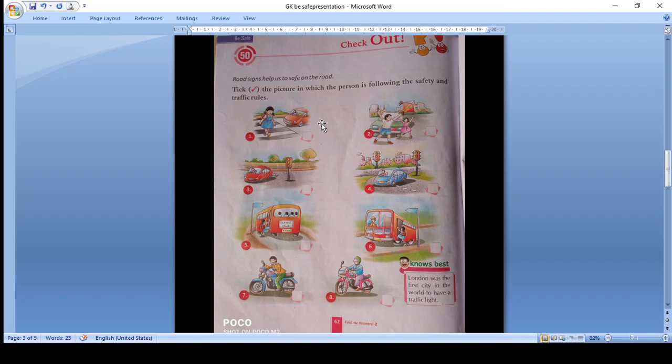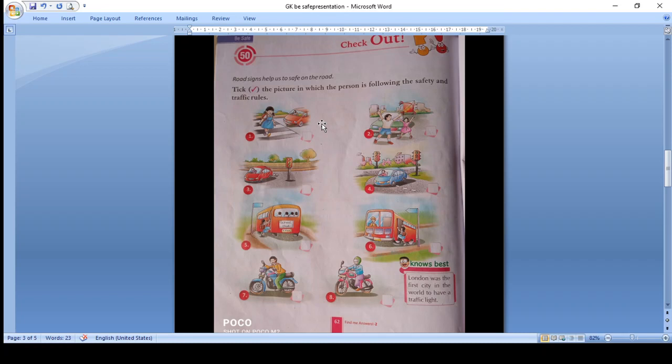Okay, next one, number 2. You can see in the first one, the red color line is there and the car is moving. As we know, just near to him there is a traffic light, right. In this traffic light, it is showing a red light.